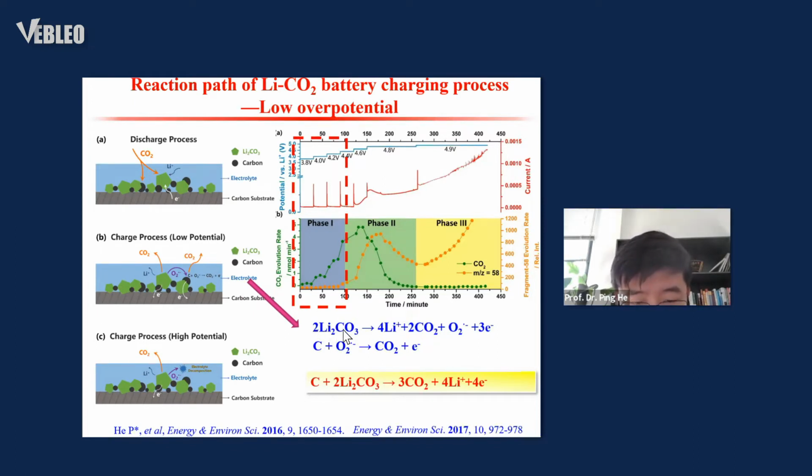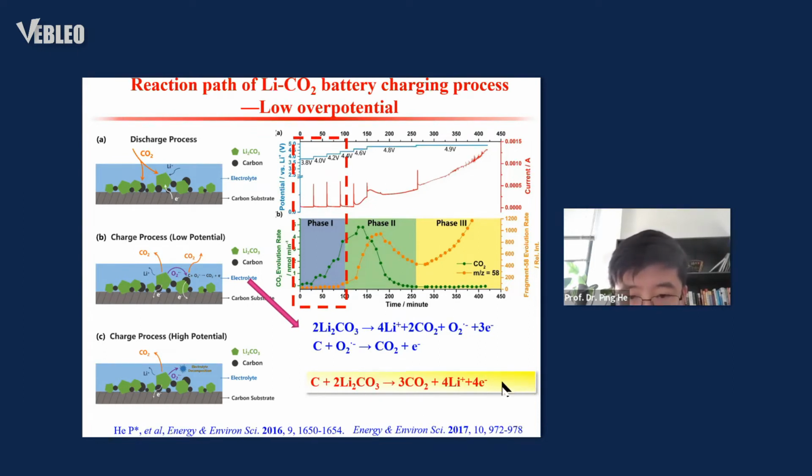This lithium carbonate can reverse to lithium ion, carbon dioxide and superoxide. The carbon can react with the superoxide to form carbon dioxide and electrons. So the total reaction can be described in this formula.